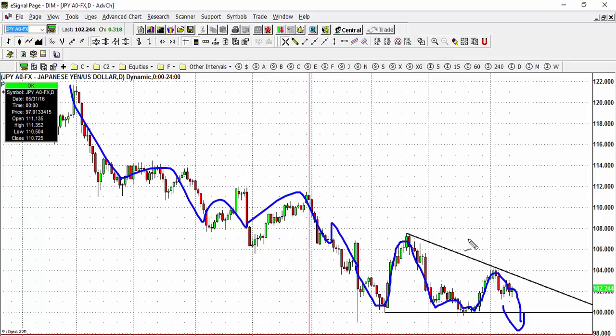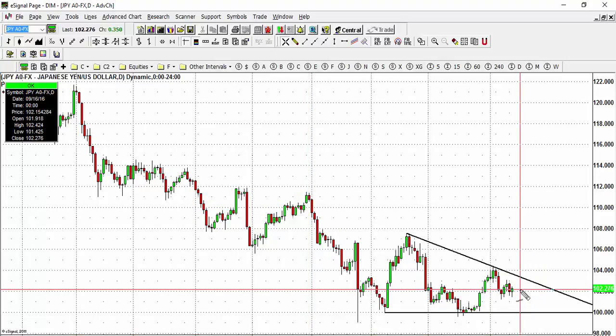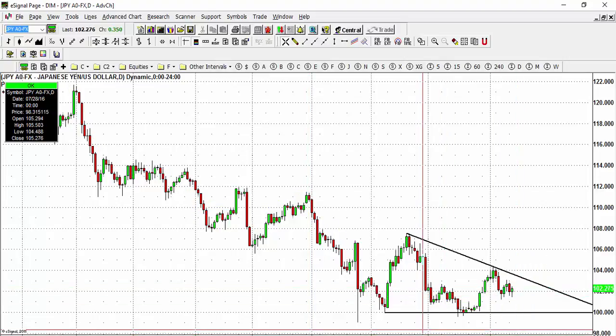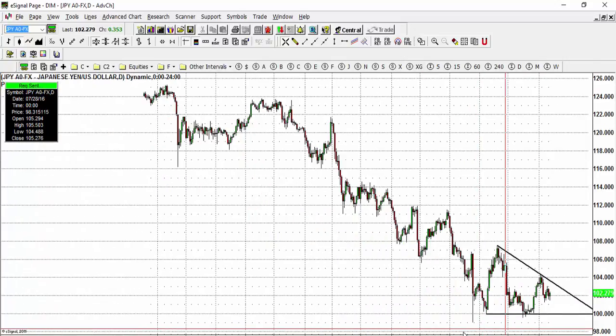Now that happens, I would say, about 80% of the time, 70% of the time. The other times the market will exit to the upside. So you can expect the probability that it breaks the downside is higher, but that does not mean it would not break to the upside in the US dollar versus the Japanese yen.